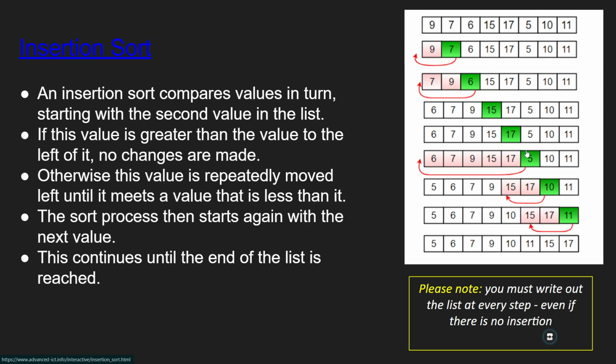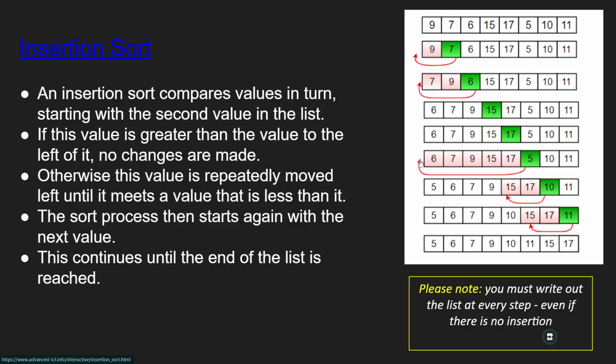Then we come to the 5. Now, with 5, we see the previous is 17, so of course we need to move. Check the next one, it is 15, we need to move. Next one, 9, need to move. Next one, 7, we need to move. And the first element, 6, we know that we need to move this 5 all the way back here.